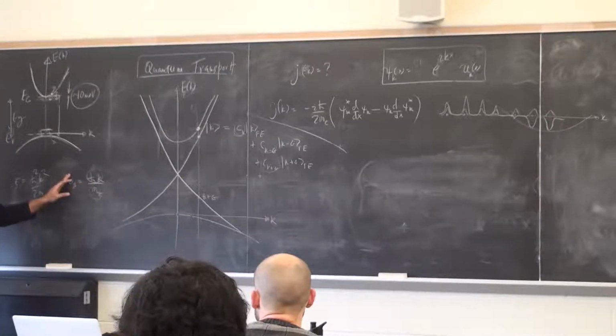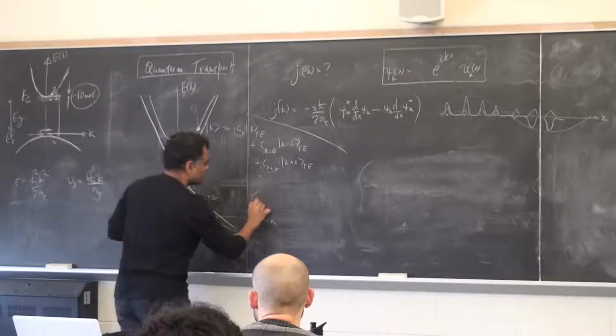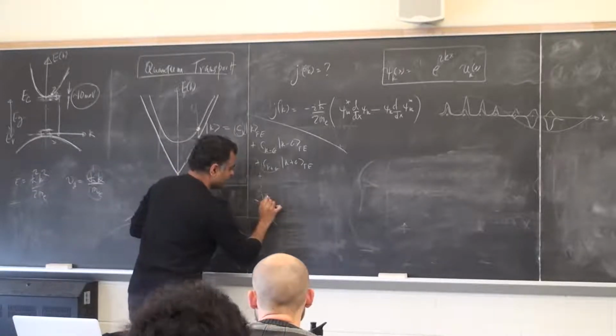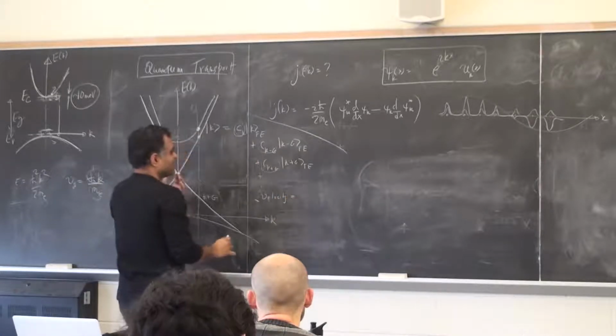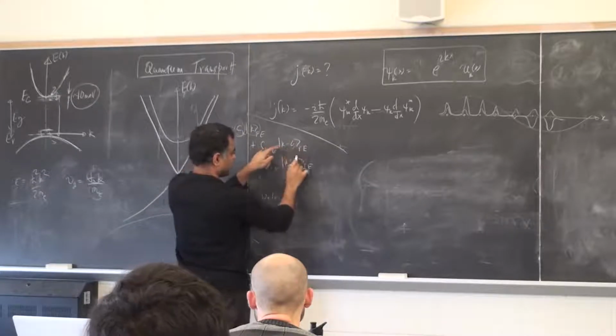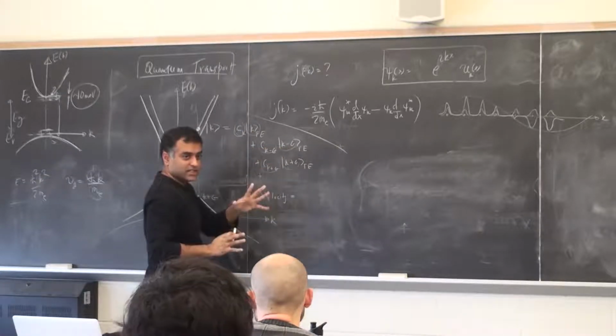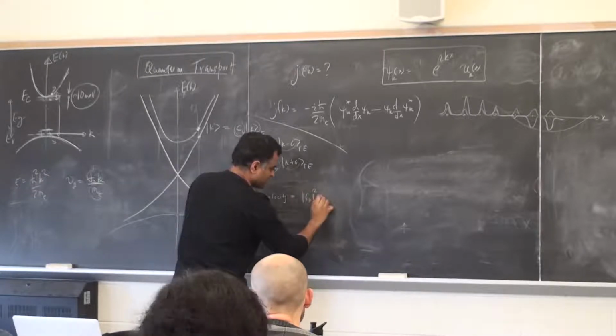But now, if I were to find the velocity of this electron in the Bloch state, it has a little bit of this k, a little bit of that k, and so on. It's a mixed state now. So the velocity would look something like this.